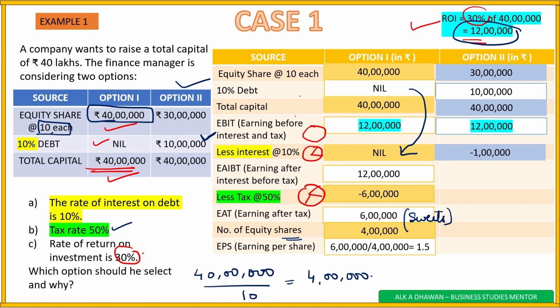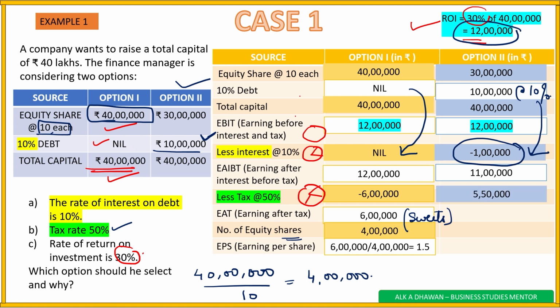The interest is going to be rupees 1 lakh in this case because the company has issued a debt of 10 lakh rupees at the rate of 10%. So that is reflecting here as 1 lakh. Now we'll do 12 lakh minus 1 lakh, which is 11 lakhs, which is our EBIT, earning after interest before tax.